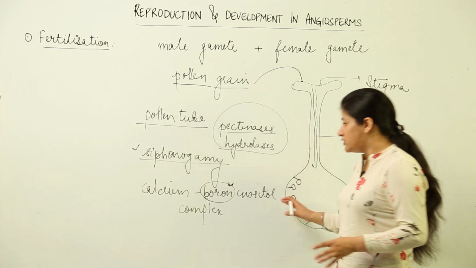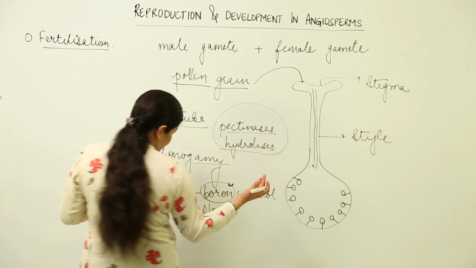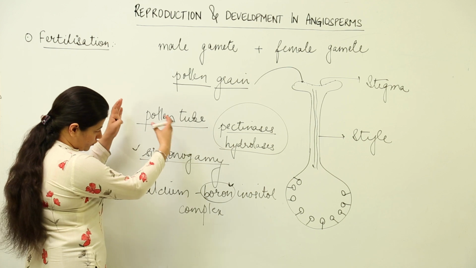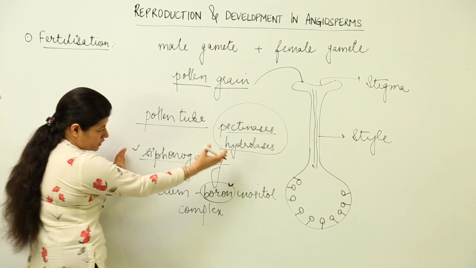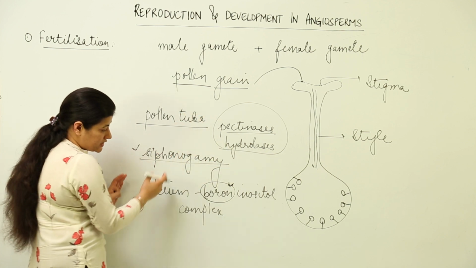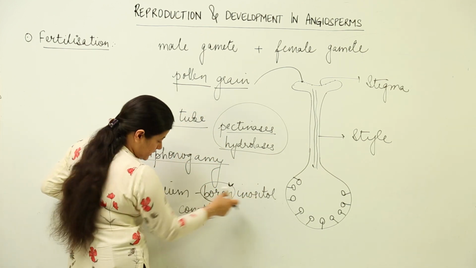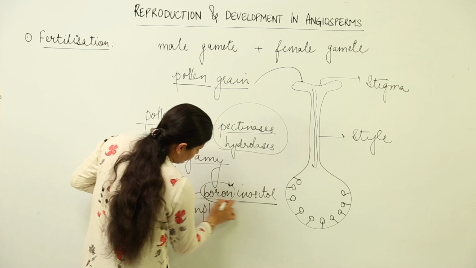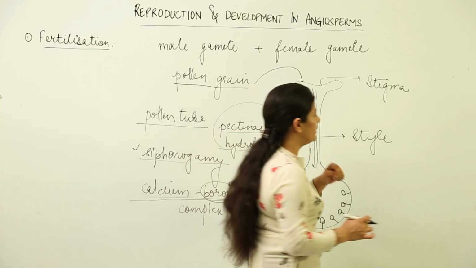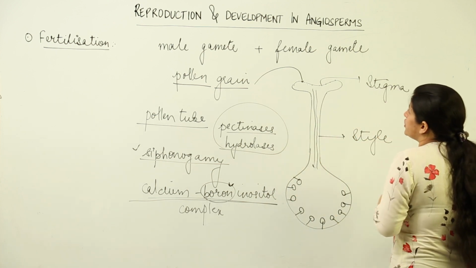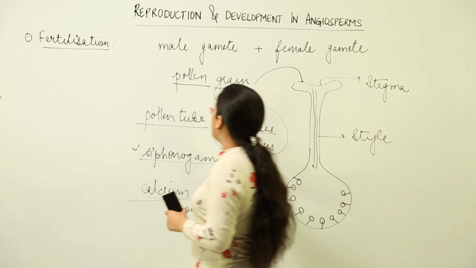Now as soon as it reaches over there, what happens? We will see that, but before that please revise these terms. The pollen tube is being formed. The process is called siphonogamy. It is being guided by a chemical complex, this one, and this entire process is being done in order to enable the fusion of the male gamete.